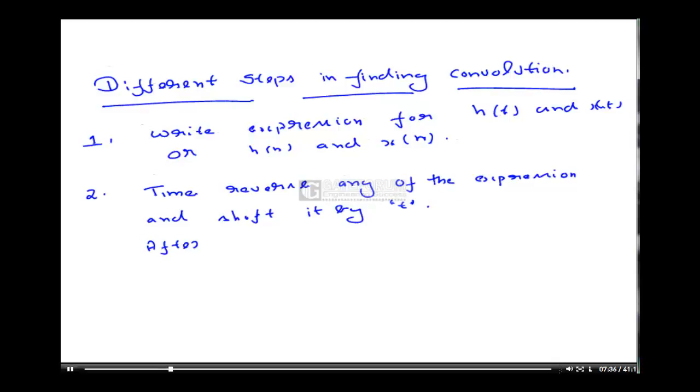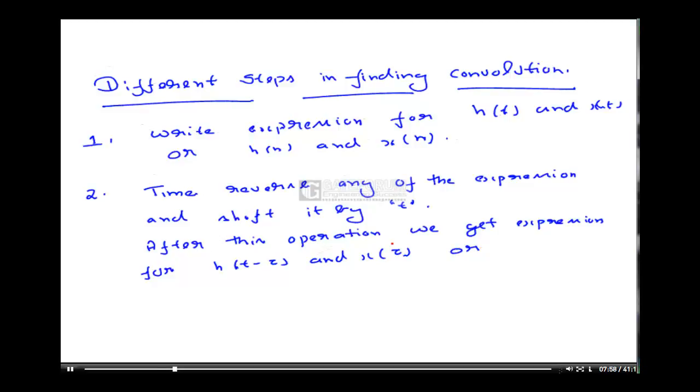After this operation, we get the expression for h of t minus tau and x of tau.